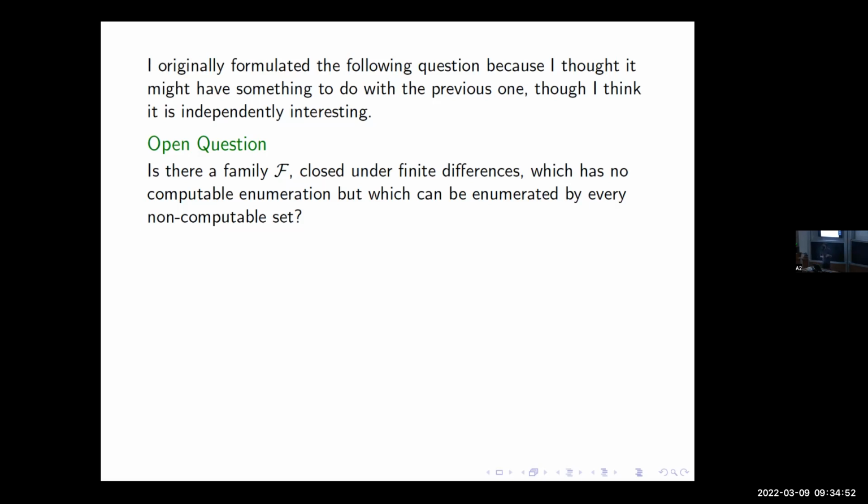So it has no computable enumeration, but you can always enumerate it from any non-computable thing. The motivation with the groups, which turns out not to be necessary for any reason, is that the divisibility relation in a group is in a sense closed under finite differences. If you have an element X which is not divisible by 2, then 2X is divisible by 2. You look at the divisibilities of some element, and there's some other element that looks the same up to some finite chain.